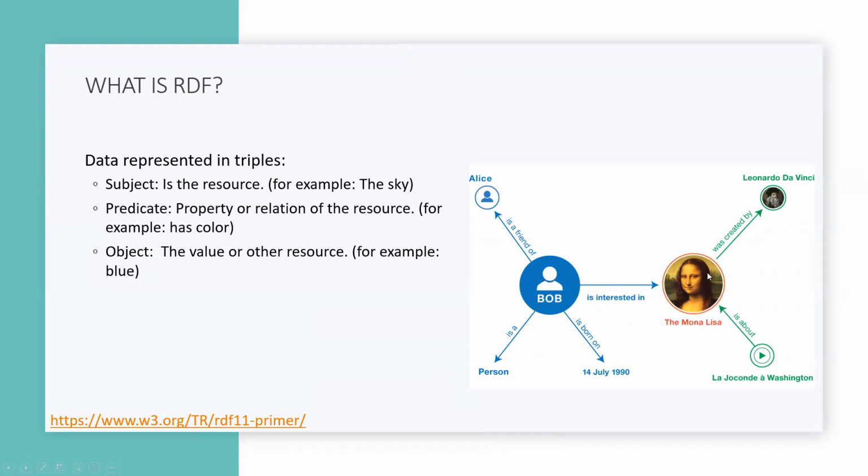And at the same time, an object can be a subject. For example, the Mona Lisa, predicate was created by, object Leonardo da Vinci. If you are interested in RDF, you have here a link to the RDF documentation.